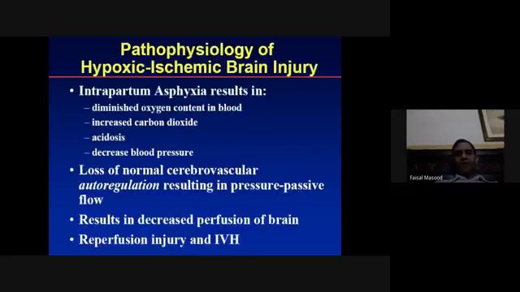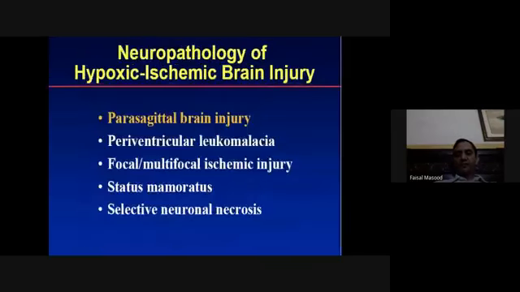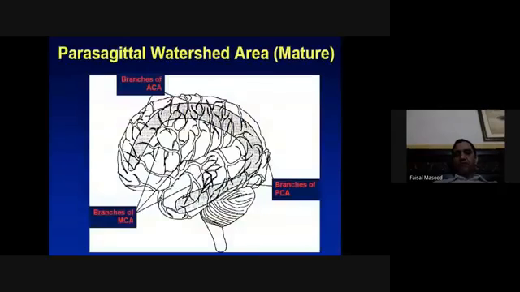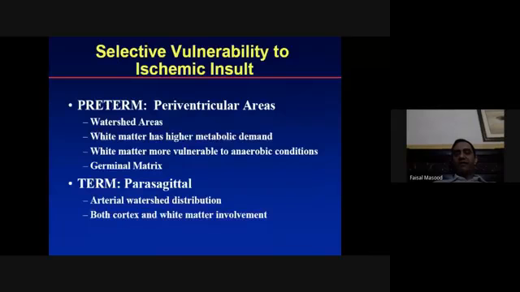So intrapartum asphyxia, loss of normal cerebrovascular autoregulation, decreased perfusion of the brain, and further reperfusion injury, and intraventricular hypoxia. So these are the different brain areas.